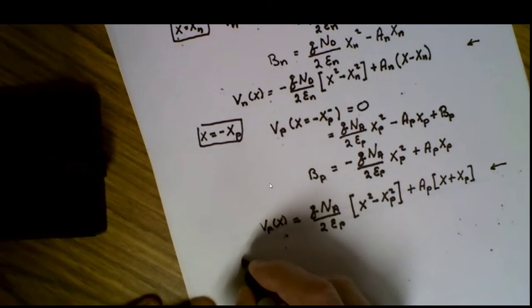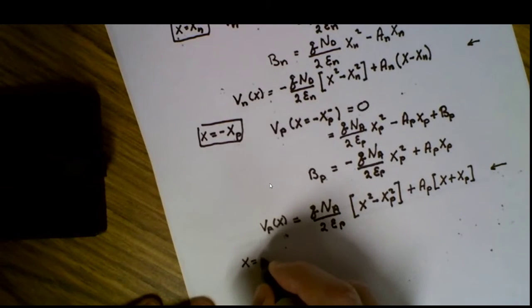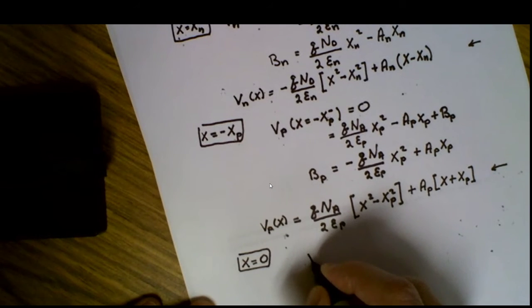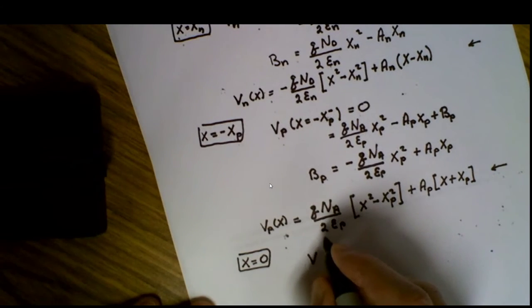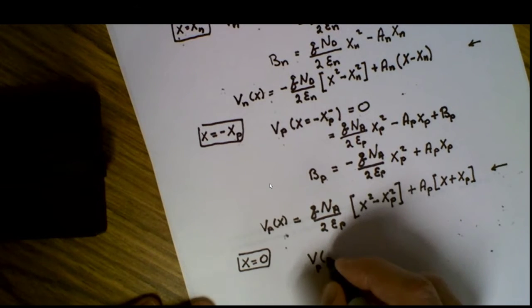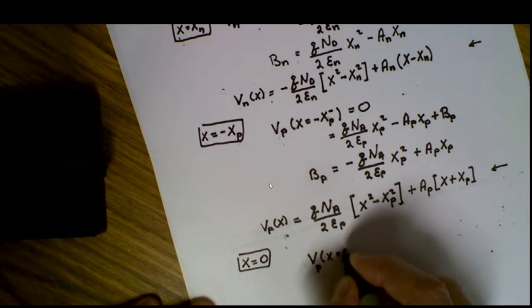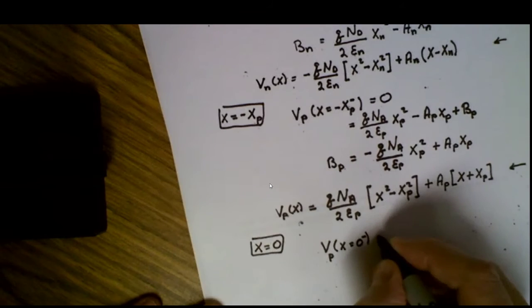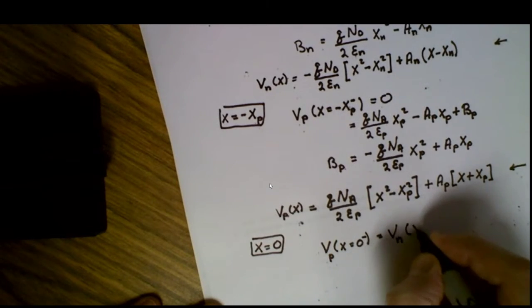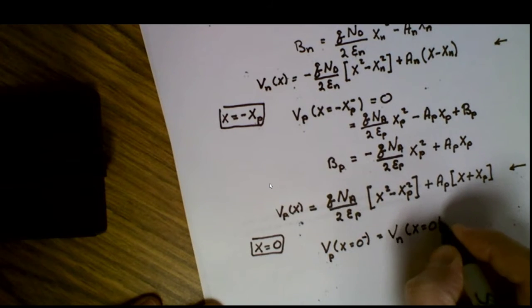Therefore, at x equal to 0, the potential in the P region at x equal to 0 minus is equal to the potential in the N region at x equal to 0 plus.